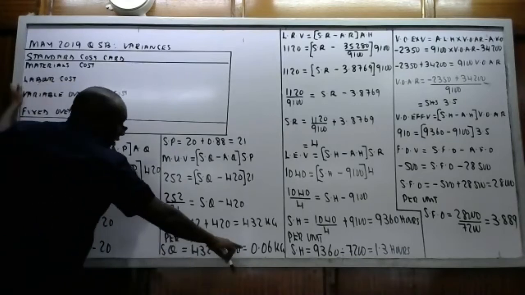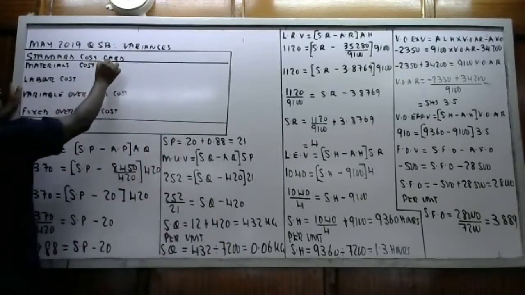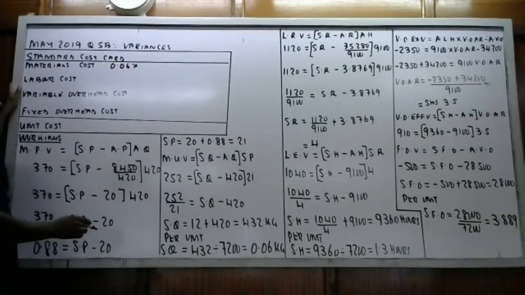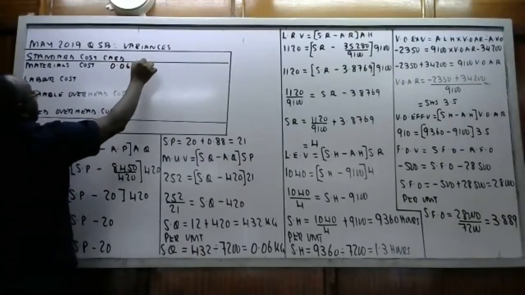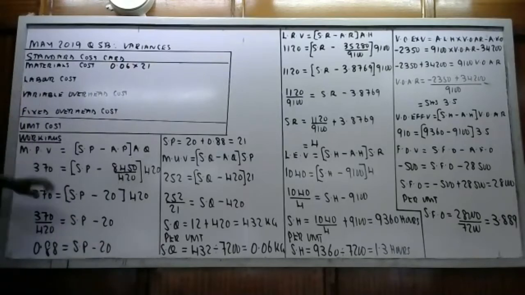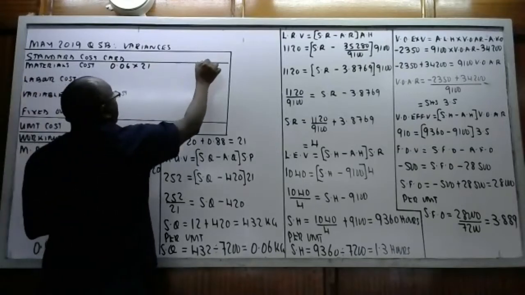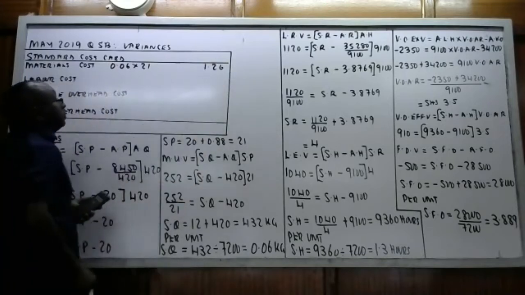You can see per unit required 0.06 kilos, and the standard price is 21. So you are then supposed to pay 0.06 times 21, which is 1.26.